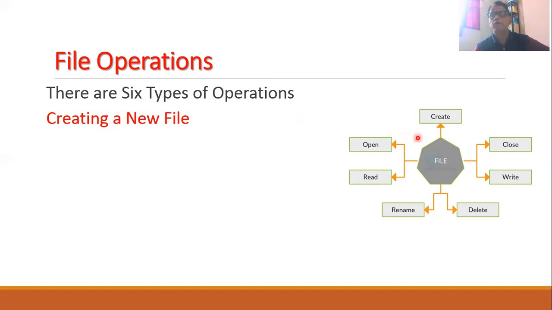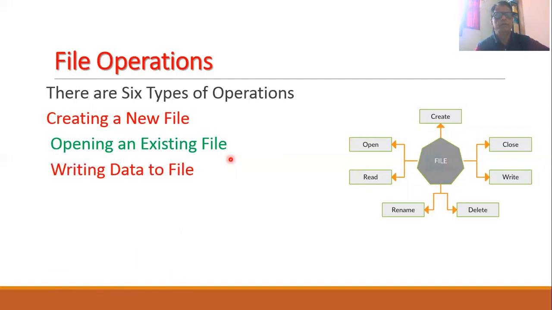Whenever you want to create a new file which is not in existence, such a file can be created in C programming language. If there is already an existing file, then such a file can be opened, and by opening it, we can read the data or we can write some new data into the file.